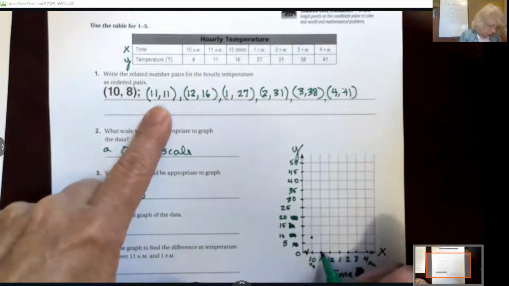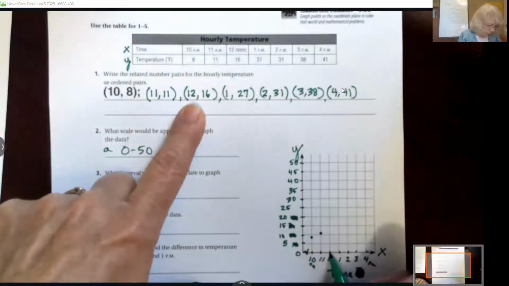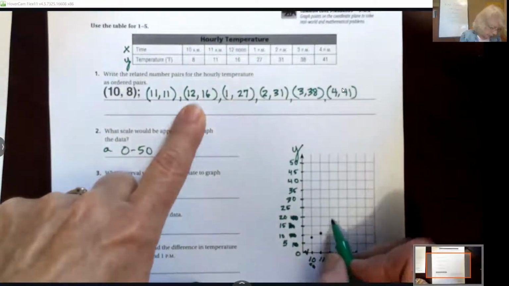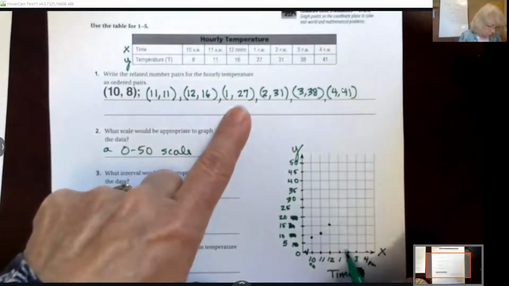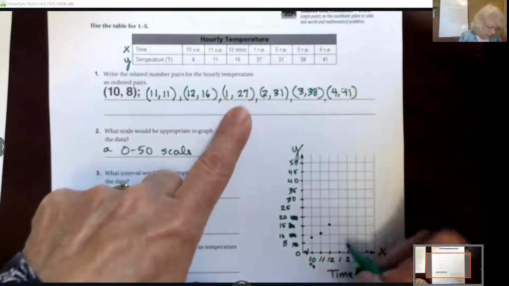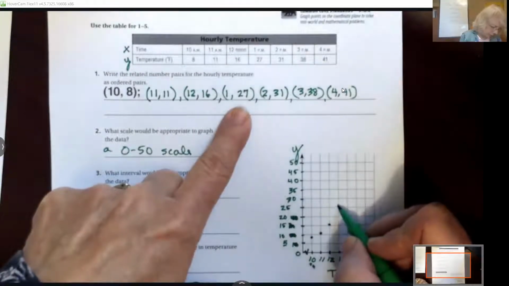So we're going to go over to 11. Now up 11, which is going to be just past 10. Over to 12, up to 16, which is going to be just past 15. Over to 1 p.m. and up to 27, so just past 25, a little bit of space.